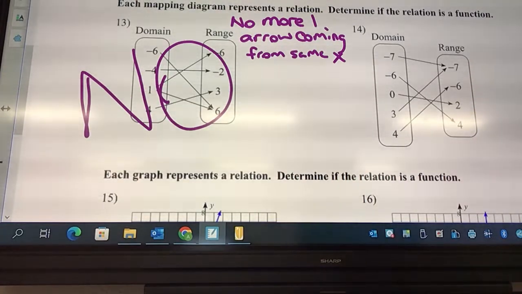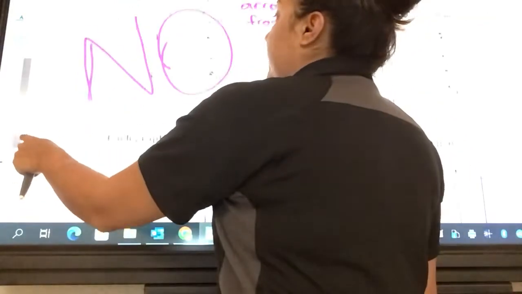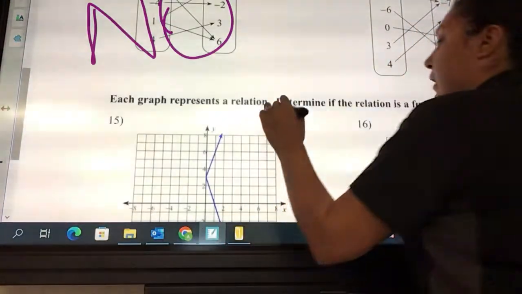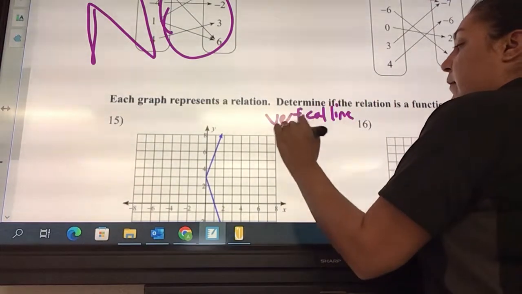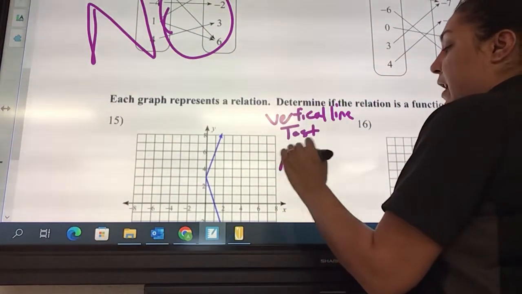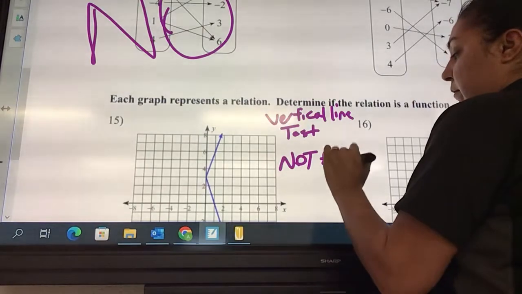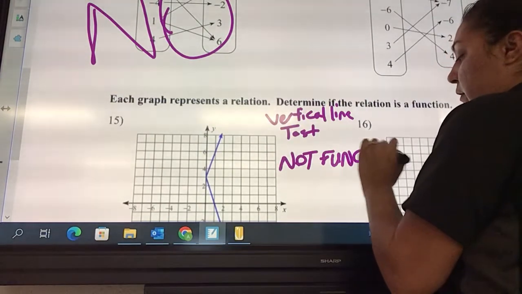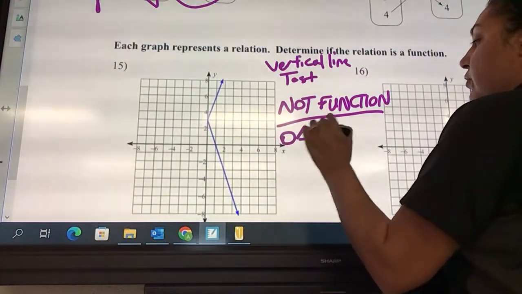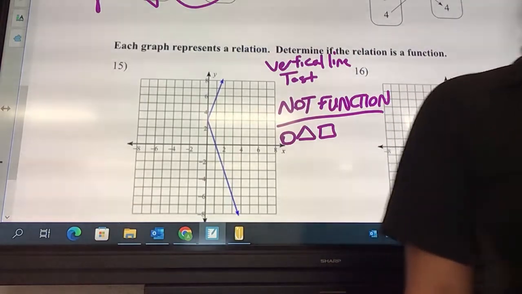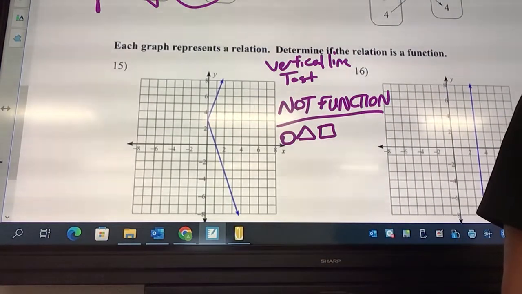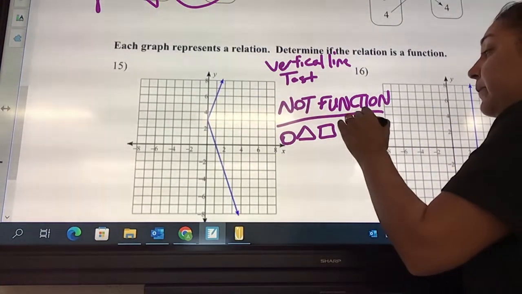Okay, how can you tell from a graph? The vertical line test. What are some shapes that are not a function? Circle, square, triangle, curve, semicircle, rectangle.